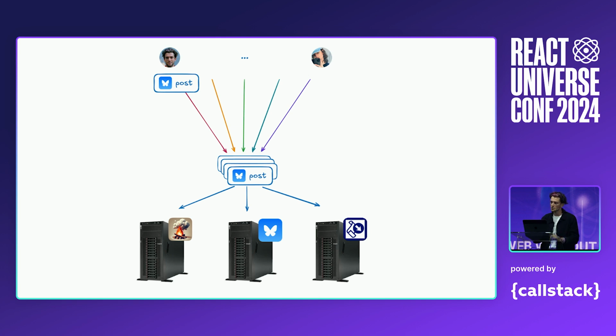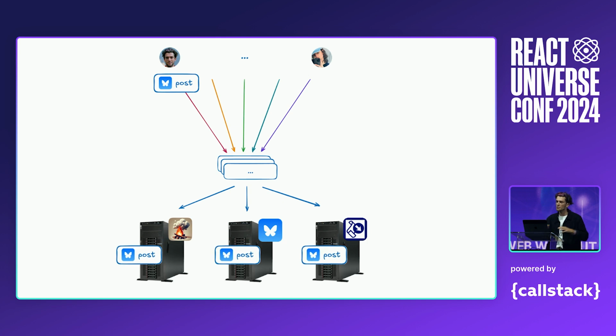And then it goes to all the application backends that are completely independent, have nothing to do with us, that care about this information, even if they're not related to Bluesky. So for example, the Hacker News clone Frontpage doesn't care about Bluesky posts, so it just ignores it. And then the Bluesky application actually cares about Bluesky posts, so it saves it into our database.